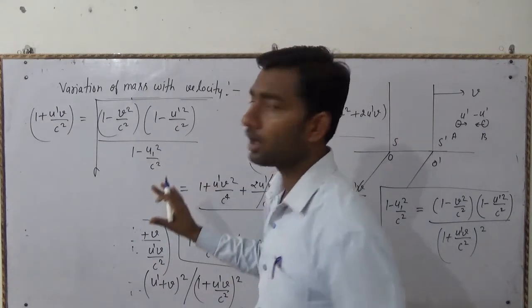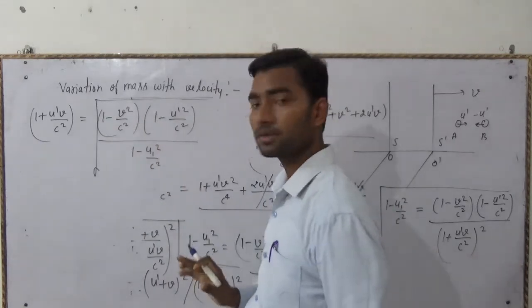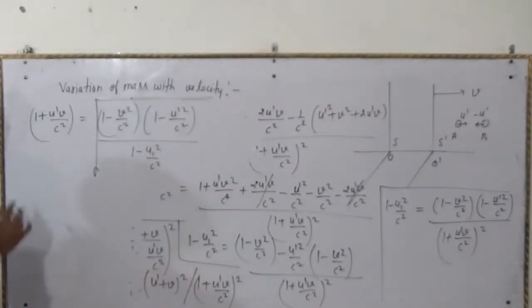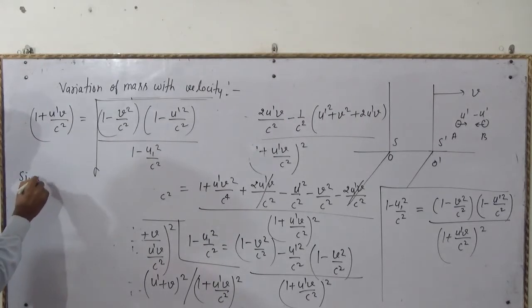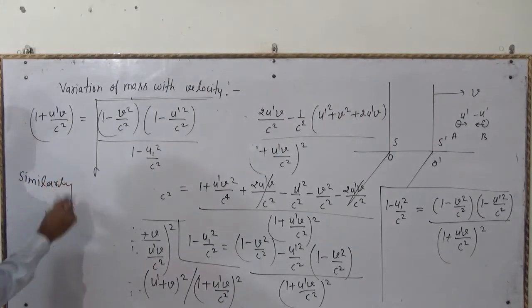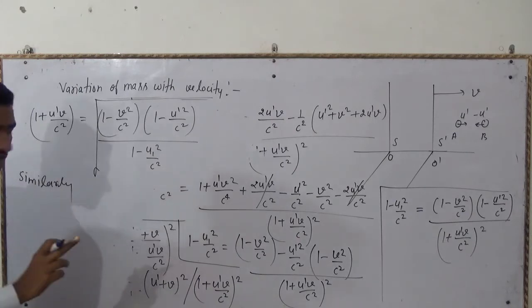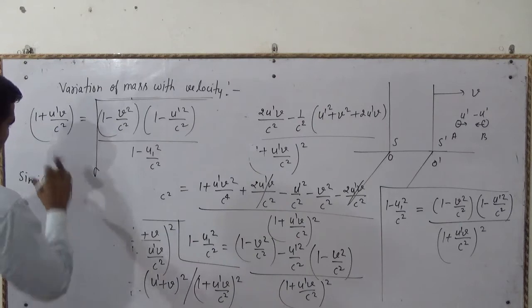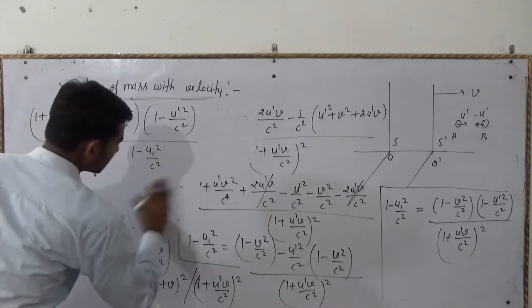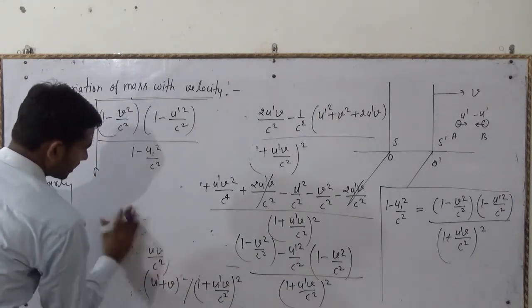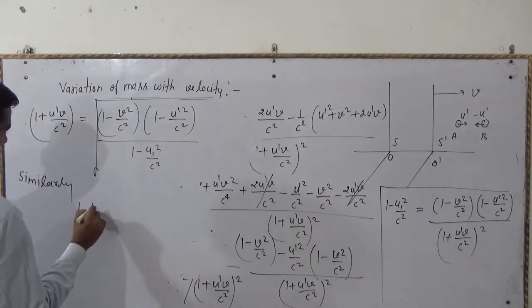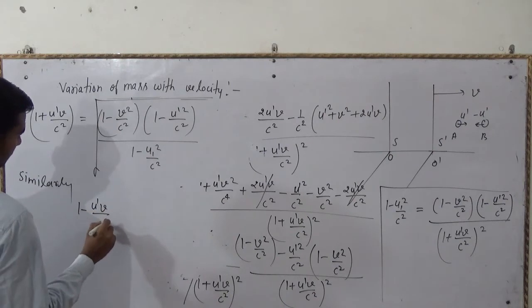Friends, here we have found the value of 1 plus u dash v by c square. Similarly, we can also find the value of 1 minus u dash v by c square in a similar way.